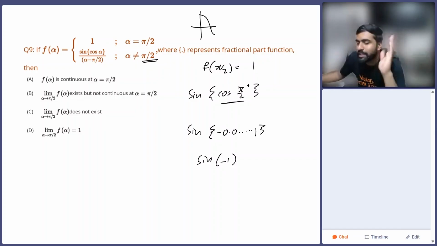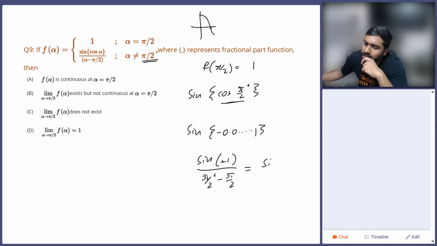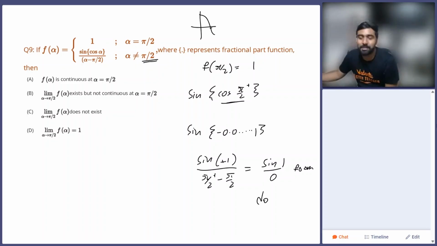Basically 0.999999 you will get. Nearly I can say that the fractional part will be equal to 1. Divided by pi by 2 plus minus pi by 2. This is a 1 upon 0 form, right? Numerator is non-zero, denominator is 0. This limit doesn't exist.